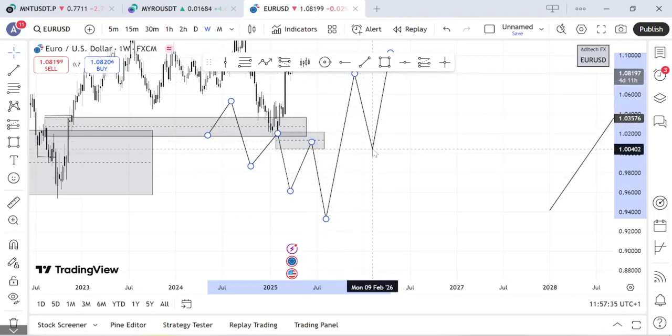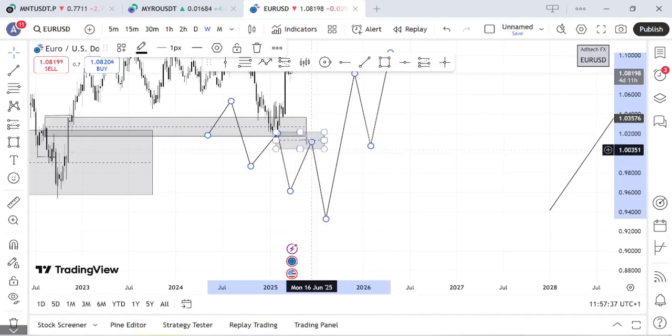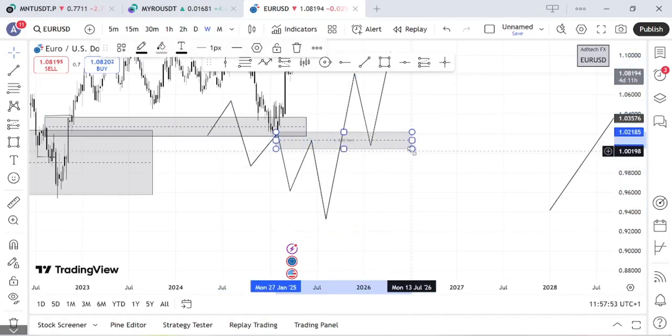So it becomes a breaker block, right? So you can use that as a buying opportunity. It's basically a failed order block. When price fails to respect another block and breaks opposite, then you can take the retest. It becomes a breaker block, right?